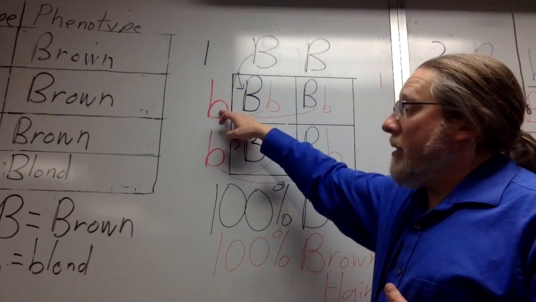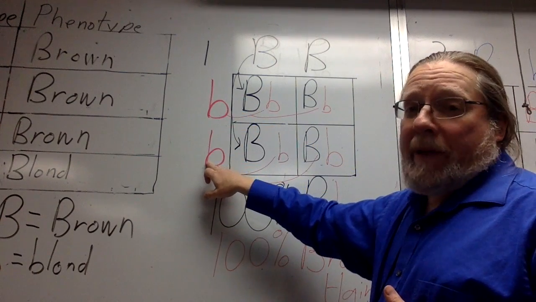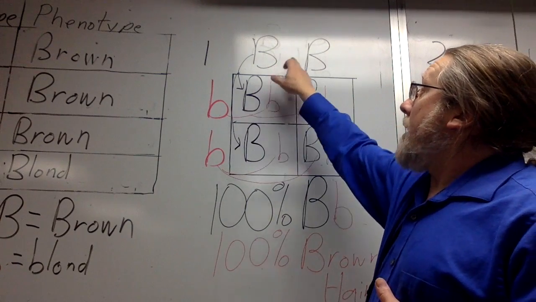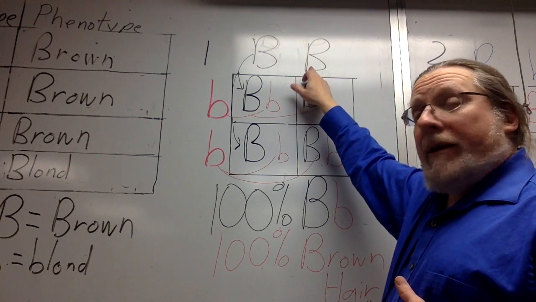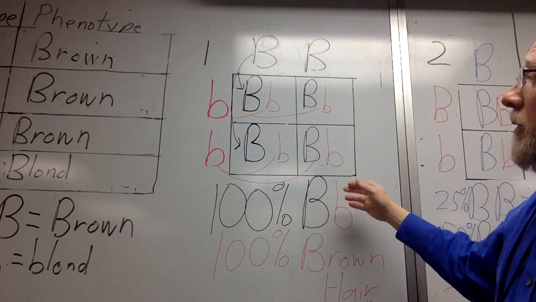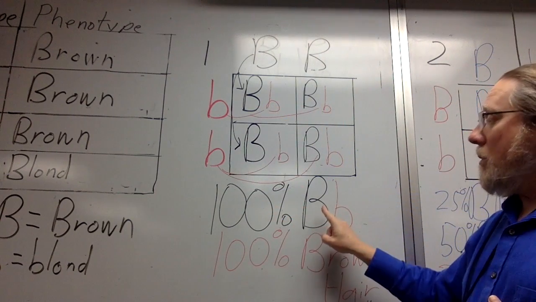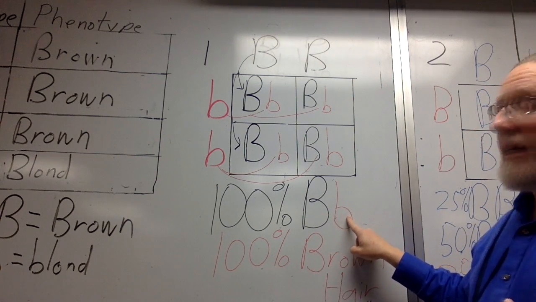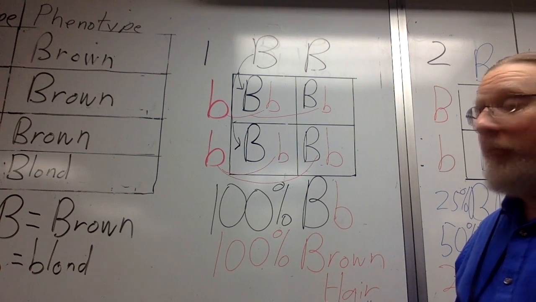For hair color, she is homozygous recessive and will be a blonde-haired person. Dad, on the other hand, has brown hair. He has two dominant genes. Their children, it is a 100% probability will inherit one dominant gene and one recessive gene, and their phenotype will all be brown.